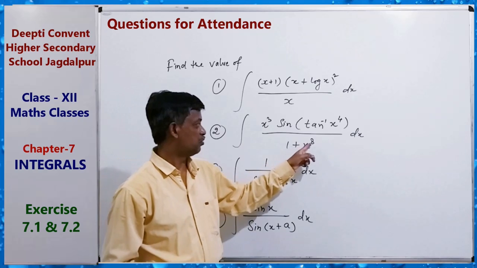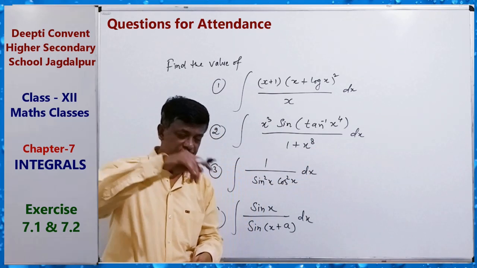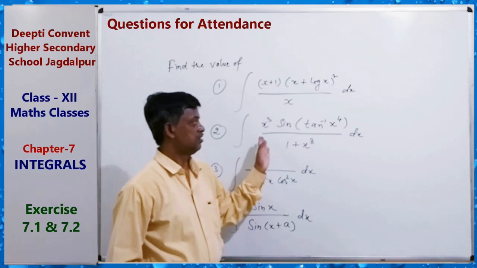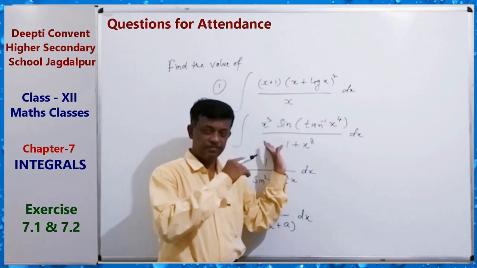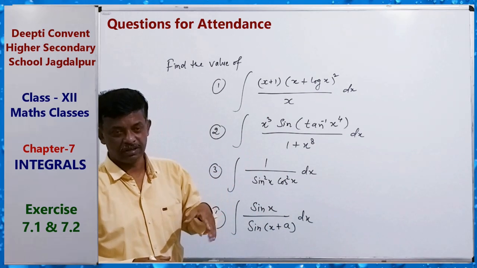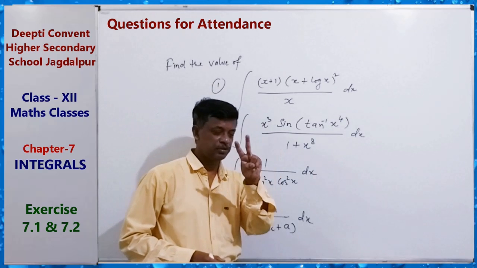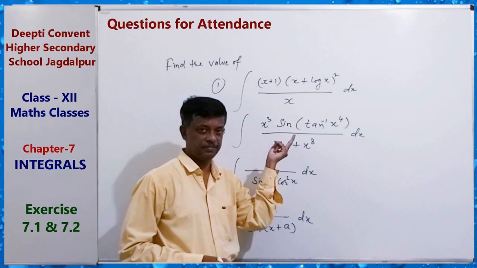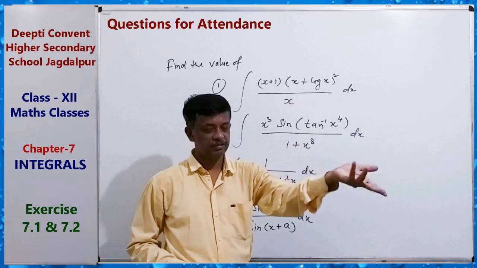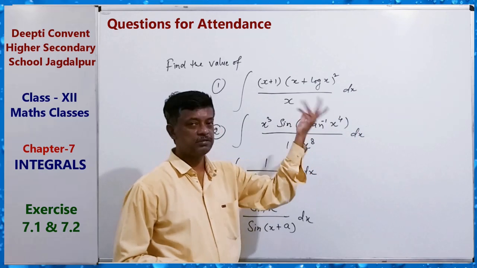And here x power 4 squared means 1 plus t square. And then again substitute some quantity with a new variable. Then you can get it in terms of basic formula. And you have to revert the value 2 times because we use 2 substitutions here. First x power 4 equals t and then tan inverse t equals u.